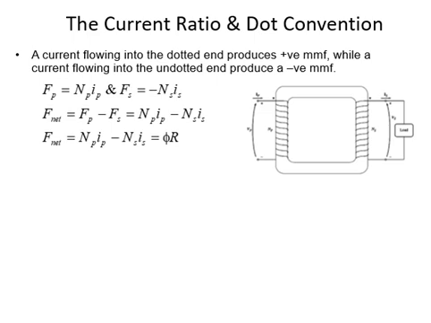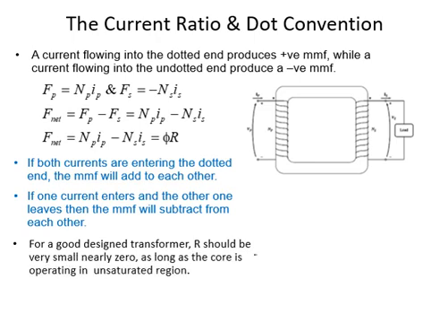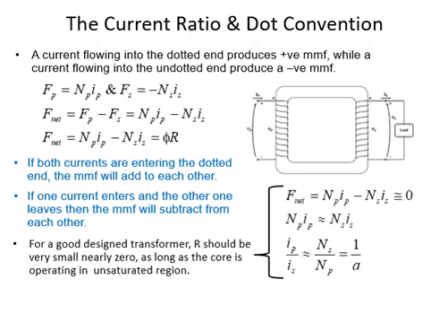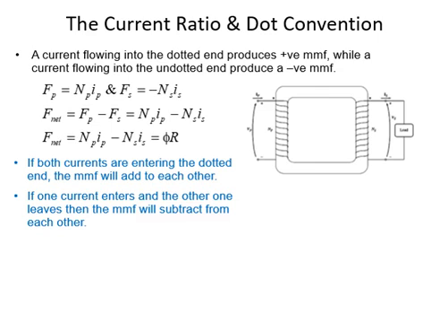But we know that MMF is equal to flux times R. If both currents enter the dotted end, the MMFs will add to each other. If one current enters and the other one leaves, then the MMFs will subtract from each other.